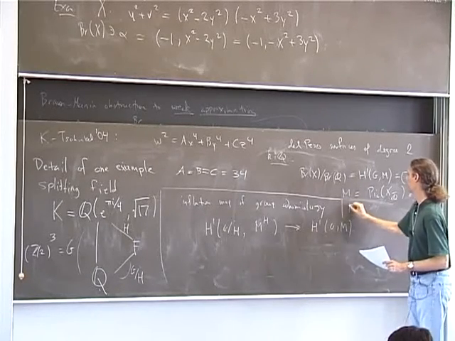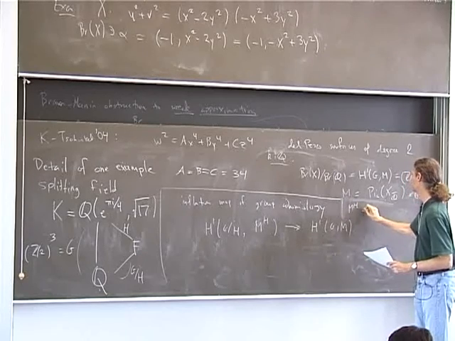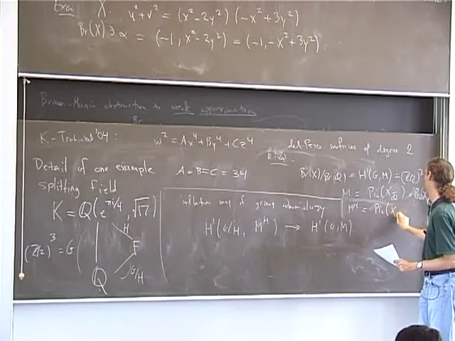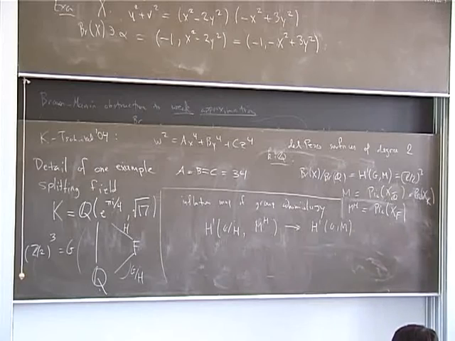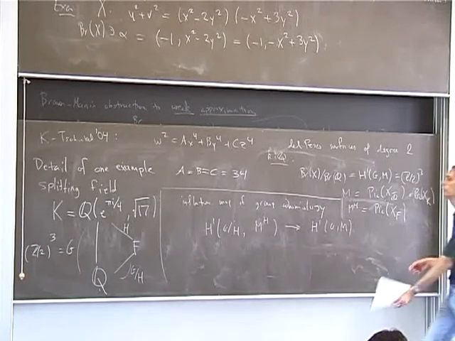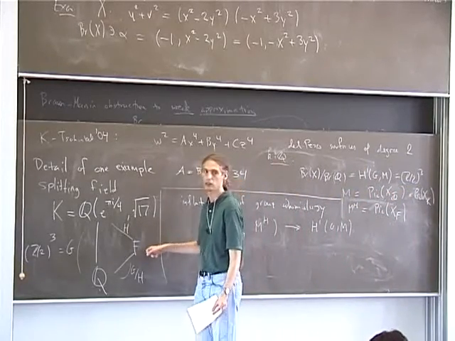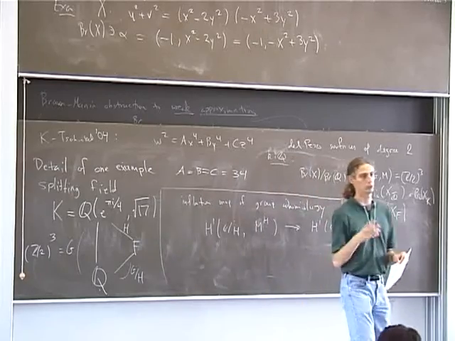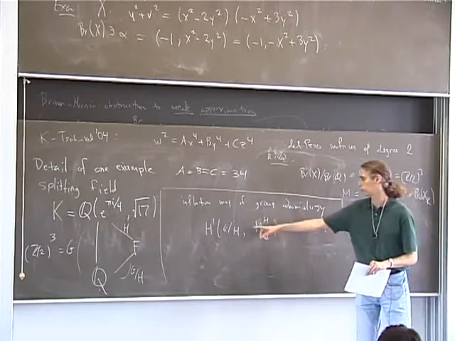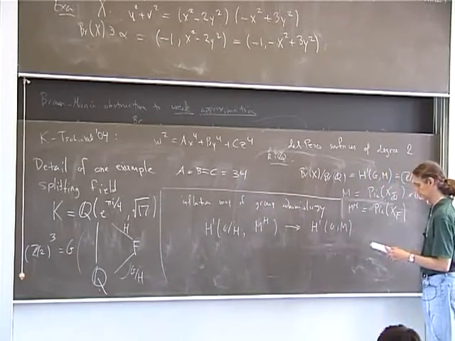And then M^H is the Picard group defined over the intermediate extension. So we're taking an intermediate extension, and we're taking the classes in the Picard group that are defined there. It's now a smaller problem in group cohomology.